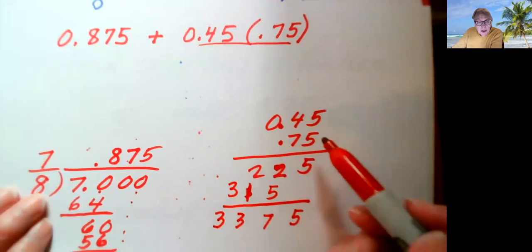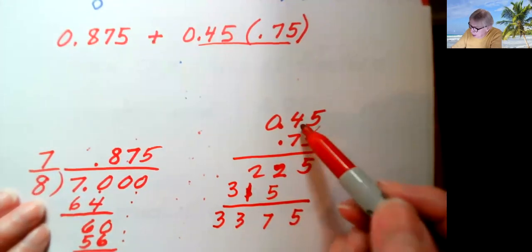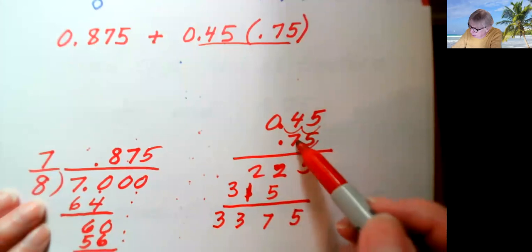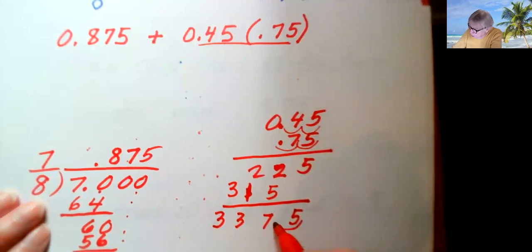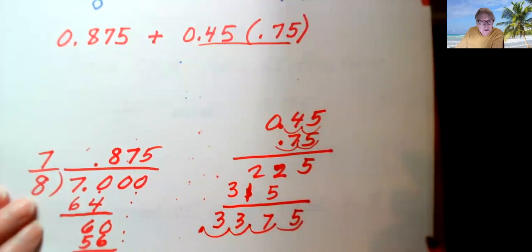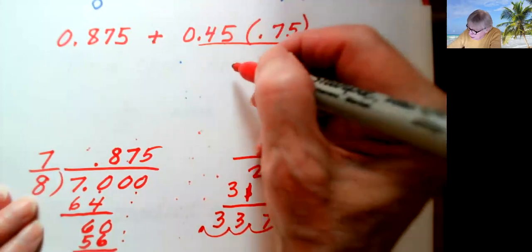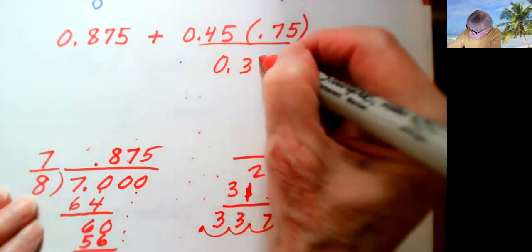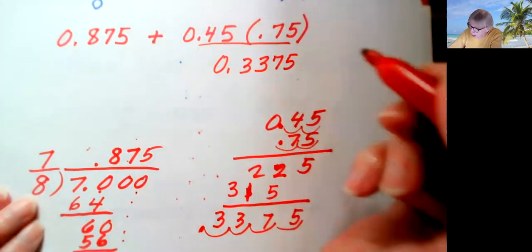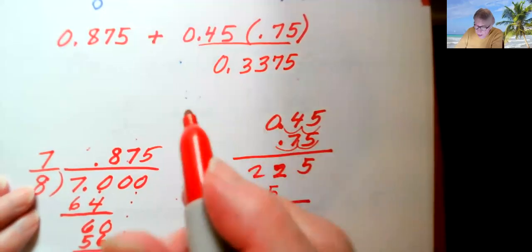So now what I do is I count my decimal places. I've got 1, 2, 3, 4, a total of 4. It's way at the front. So this times this is 0.3375. That's done.